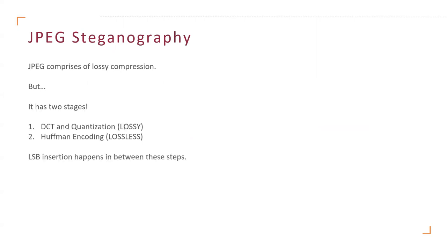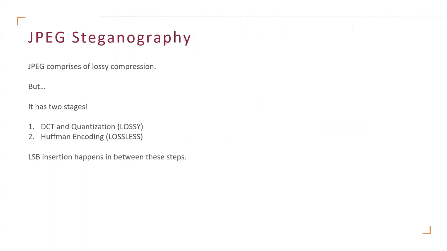Now let's look at steganography in transform domain, mainly JPEG. JPEG comprises lossy compression, and it is not possible to have steganography in a pure lossy compression scenario. The data just might get lost. But in JPEG, it is somehow possible. Let's look at how. JPEG actually has two stages, one of which is lossy and one of which is lossless.